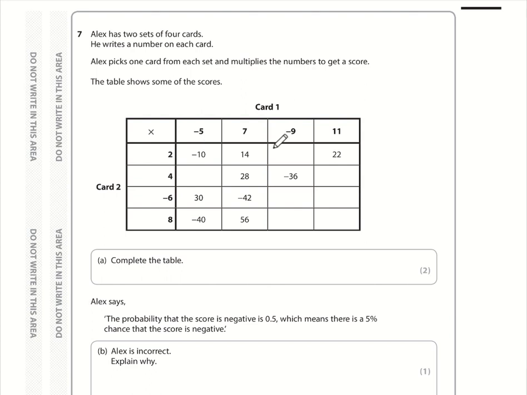So negative 9 times 2 is minus 18, minus 5 times 4, negative times a positive is a negative. Minus 9 times minus 6, a negative times a negative is a positive, so that is 54. Negative 9 times 8 is negative 72. 11 times 4 is 44. 11 times negative 6 is minus 66. 11 times 8 is 88. So the table is now completed.